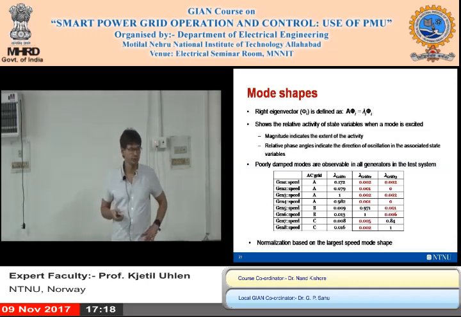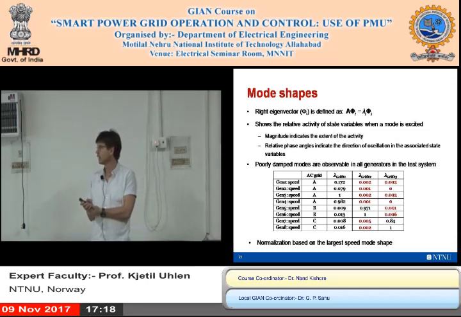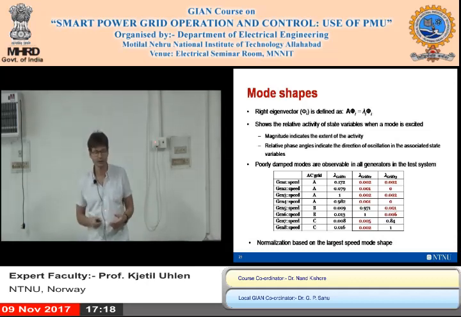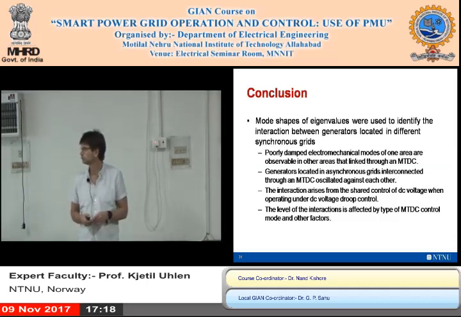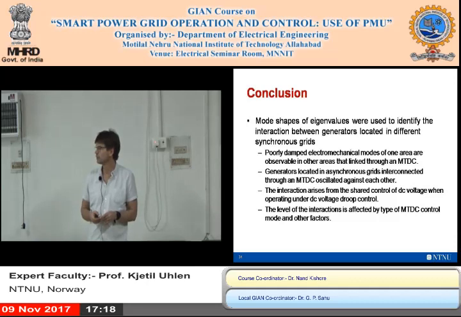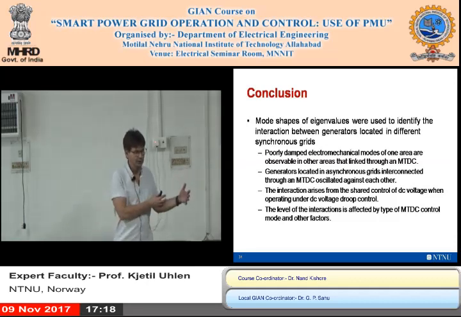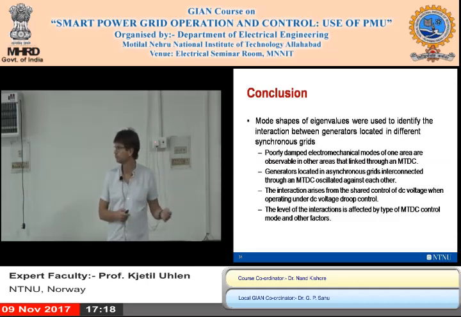So this is the conclusion of that study, basically, that we use mode shapes of eigenvalues to identify the interaction between the generators located in the different synchronous grids. And we find that poorly damped electromechanical modes in one area are visible in the other AC areas through the DC grid.